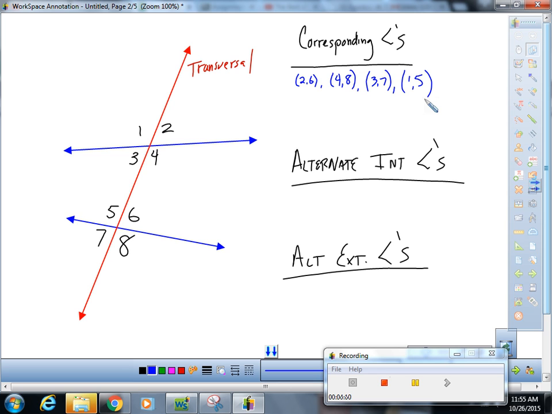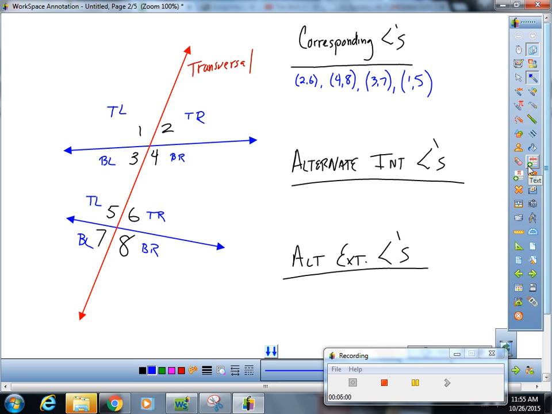You can see that we would call 2 a top right angle, and that's going to match up with this top right angle. And 4 is going to be a bottom right angle, and it's going to match up with 8 because that's a bottom right angle. You would call 1 top left, and it's going to match up with 5, and then 3 is bottom left, and it's going to match up with 7. So that's how we address corresponding angles.